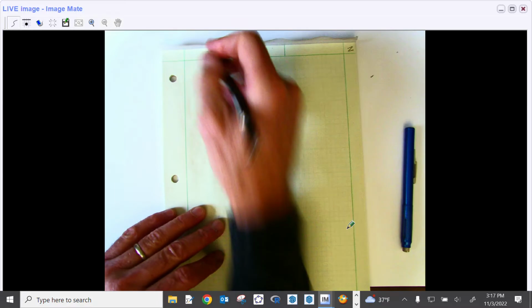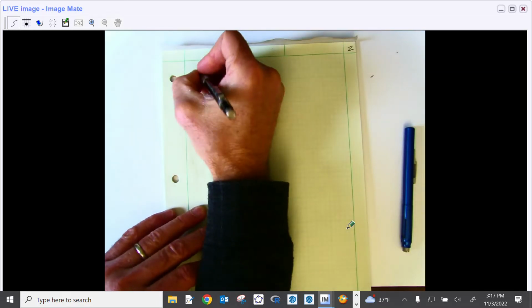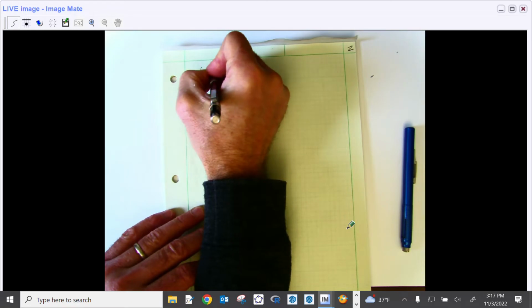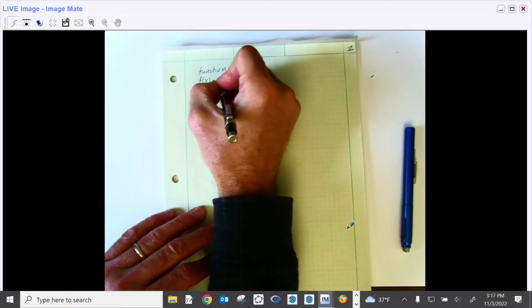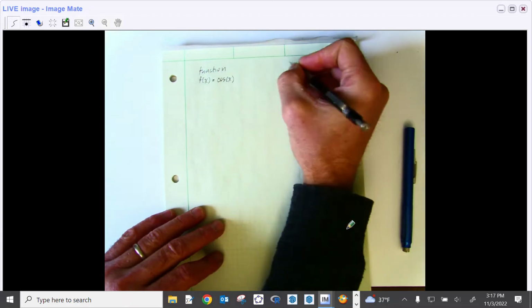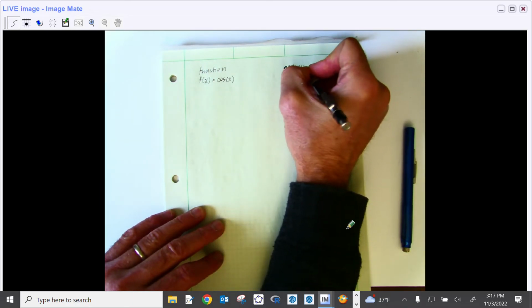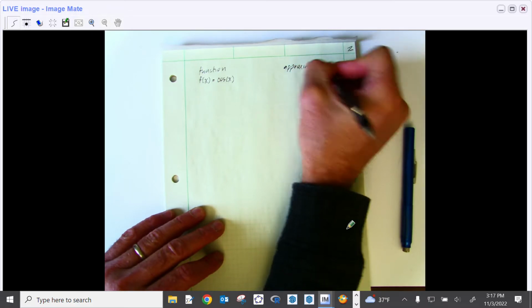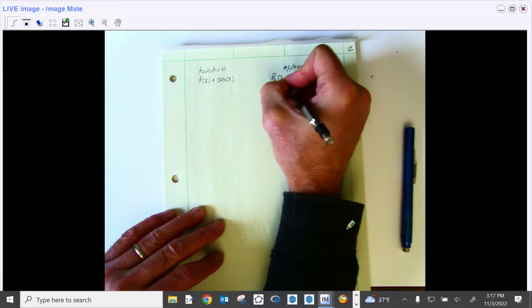Let's see. So let's try to repeat the strategy here. So we have the function. Again, the function is f of x equals cos x, and the approximation is going to be a second degree polynomial.